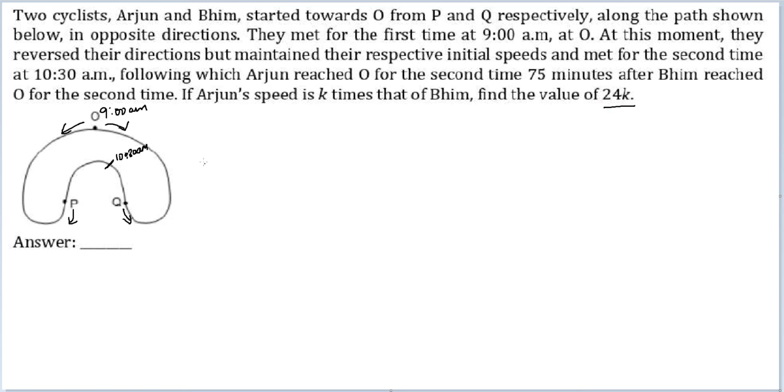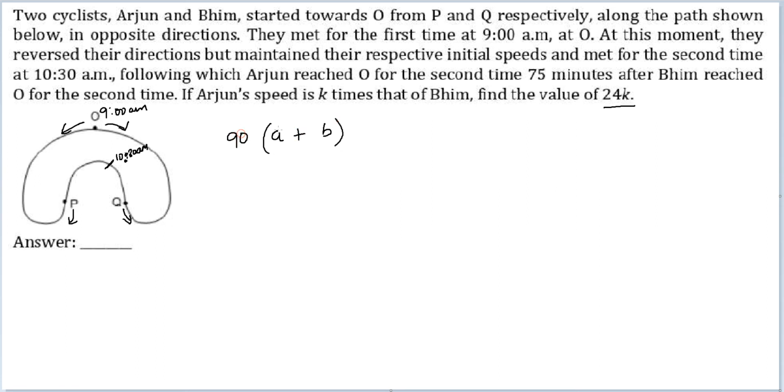Now, in this case or any TSD question, the most important thing you have to take care of is which parameter is constant. Here, from 9 to 10:30, they are traveling one full track length cumulatively. So if I take speed of Arjun as A and speed of Bhim as B, they met at 9, then they meet at 10:30.